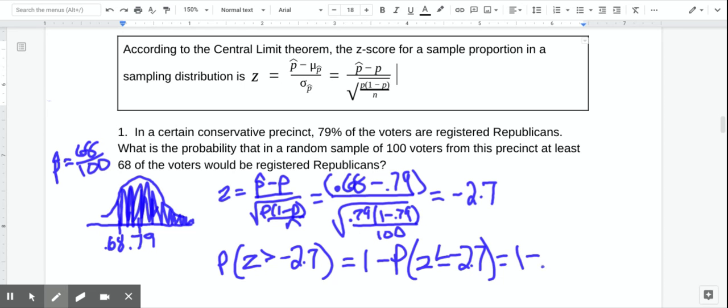And when we do that, we get 0.0035. And so that is 0.9965. Okay, so that is how we adjust for doing a proportion. And we can use the table for that. We just have to use our adjusted z-score and look things up in the table. In the next video, I'll show you how to do this with a calculator.